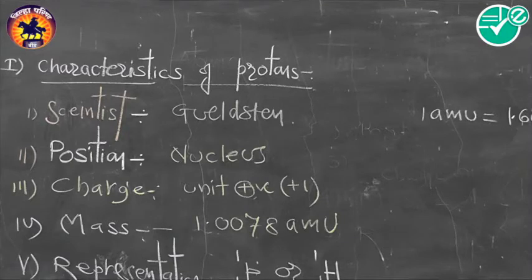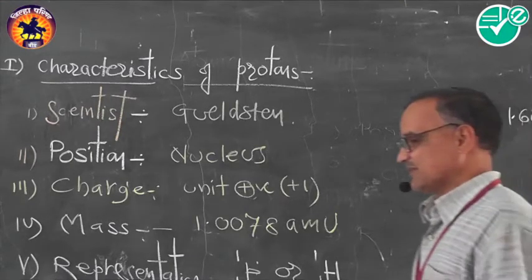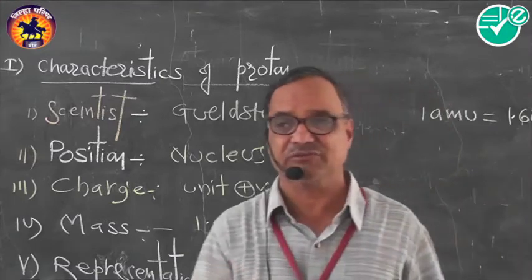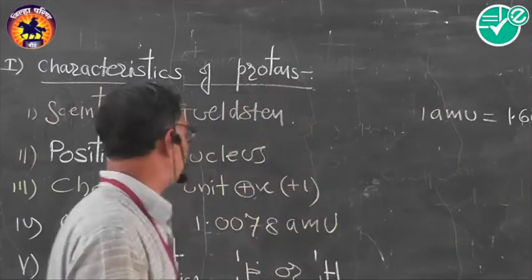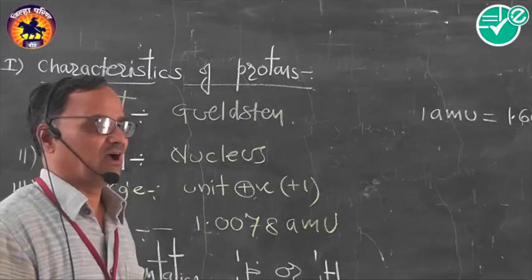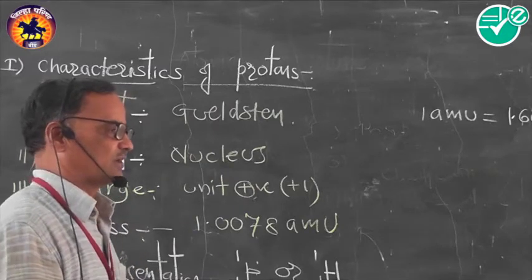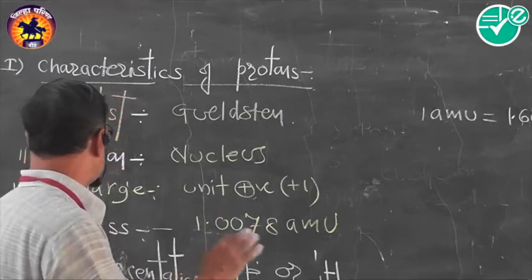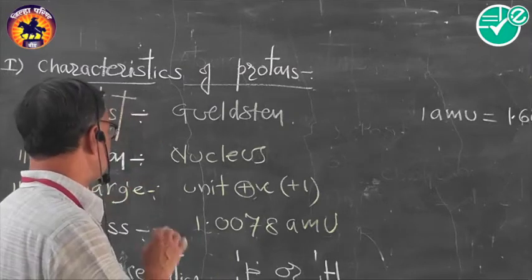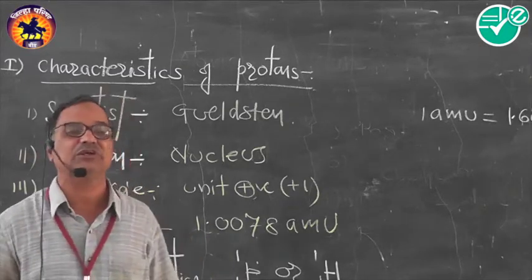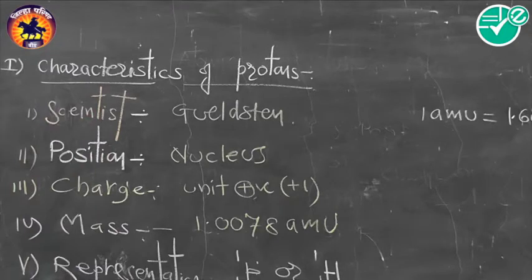In simple words, Goldstein discovers a proton. This is the first point. Position of proton is nothing but proton is present in the nucleus of an atom. In case of charge, a proton carries a unit positive, that is plus 1 charge.